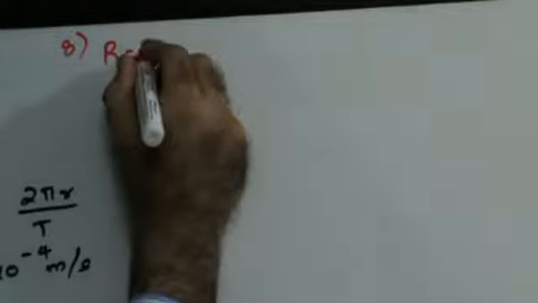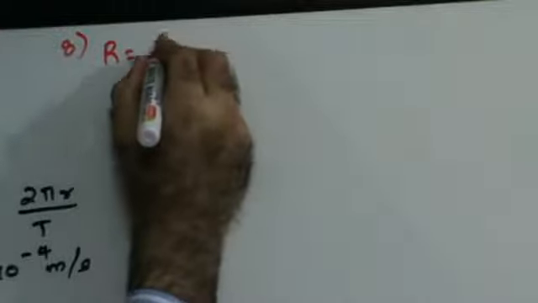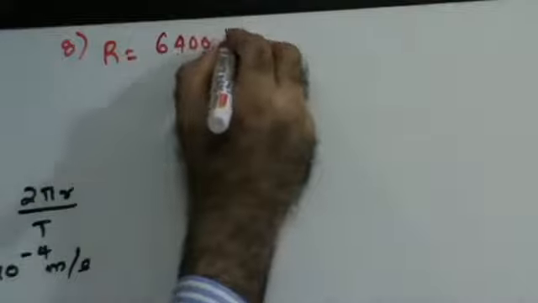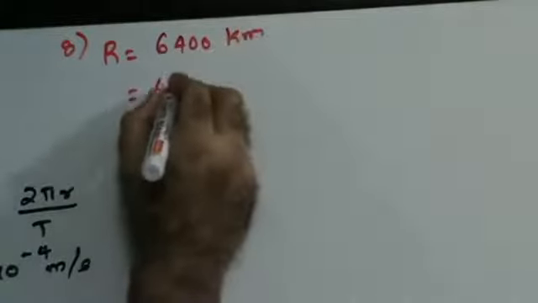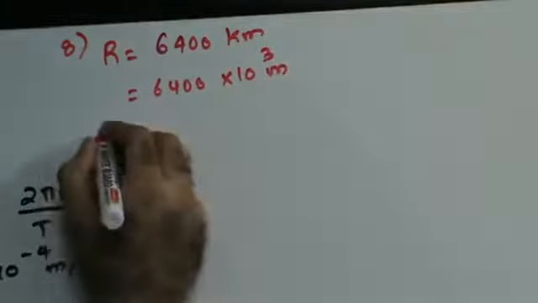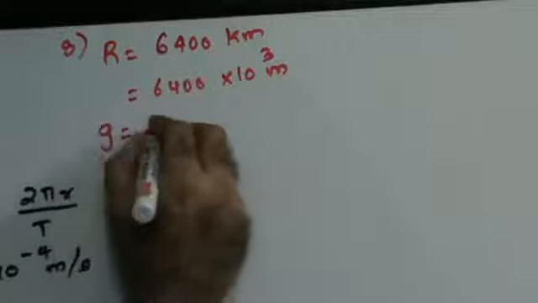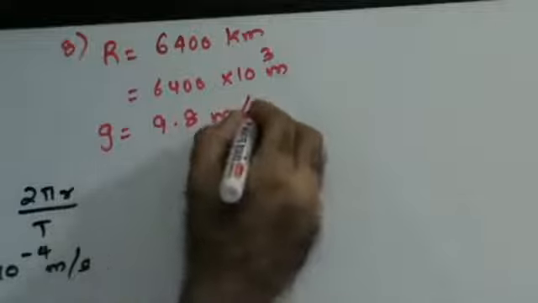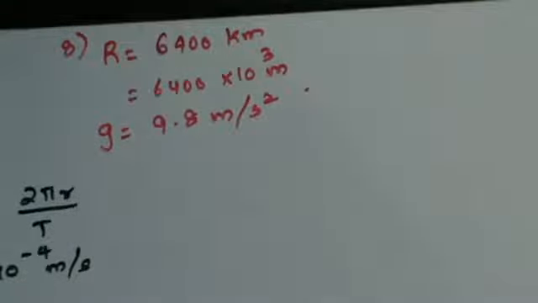What will be the length of the day at that time if the radius of the earth is 6,400 kilometers and g is 9.8 meters per second square?